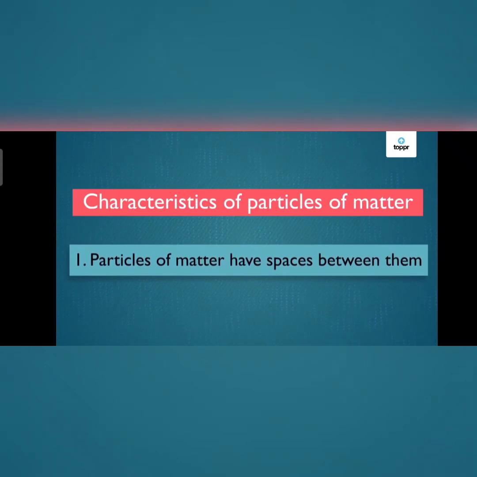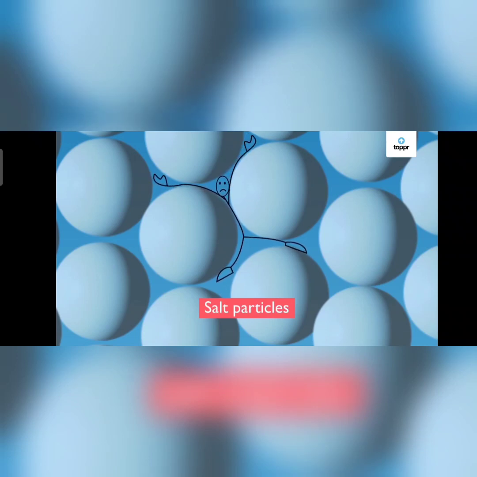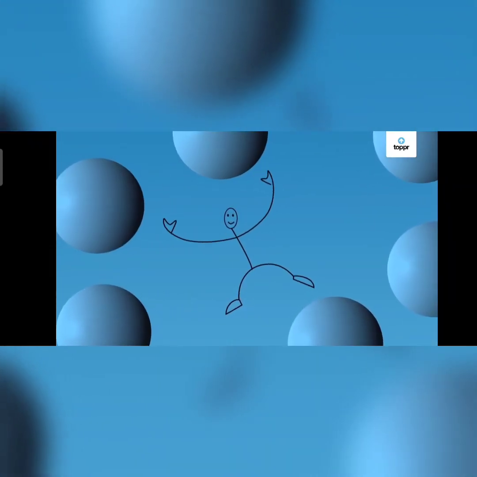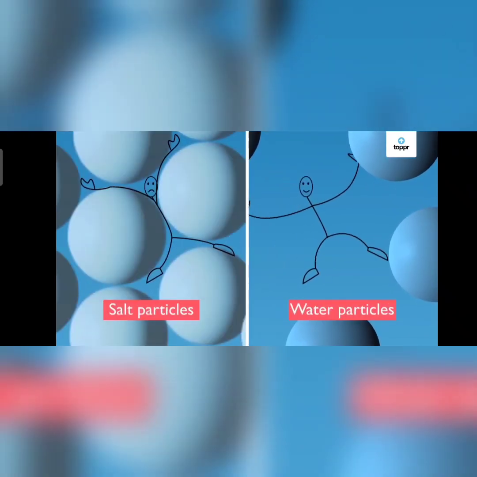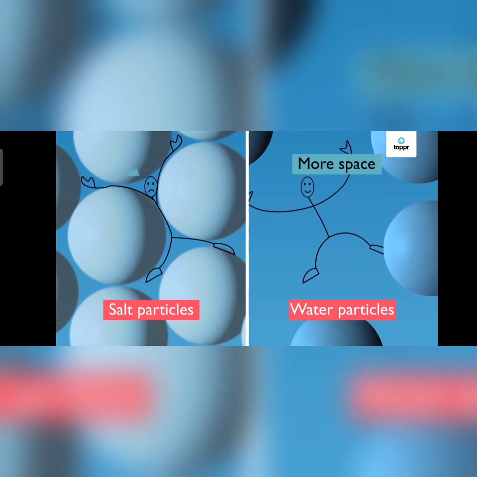This brings us to our first characteristic. Particles of matter have spaces between them. Let us shrink you down to explore these spaces. Do you think you can get in between the salt particles? You will look really funny if you try doing that. But you can easily wade through water, which means there is more space between the particles in water than in salt.